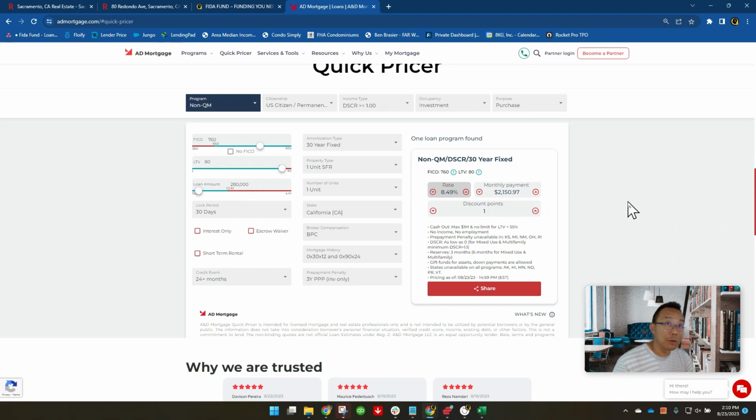Okay, so good, right? If you want to be a little bit more aggressive, you can go down to 7.99 and just pay 2.125 points. But I'm cheap, so if it gives me 1 coverage, then I think I'm okay with 8.49.